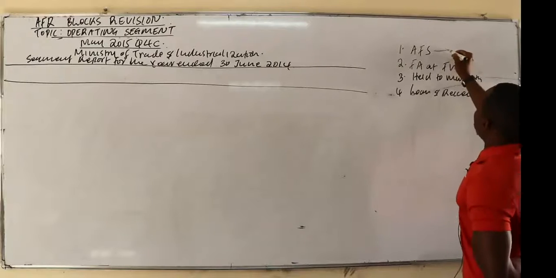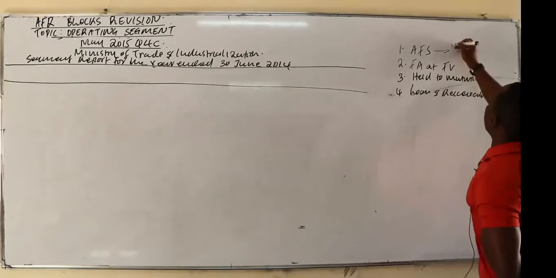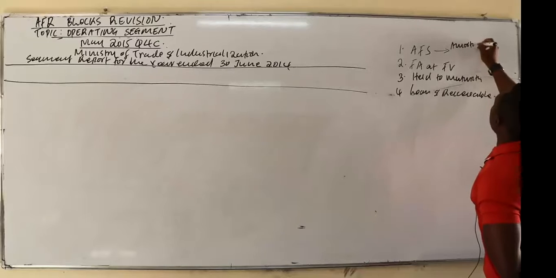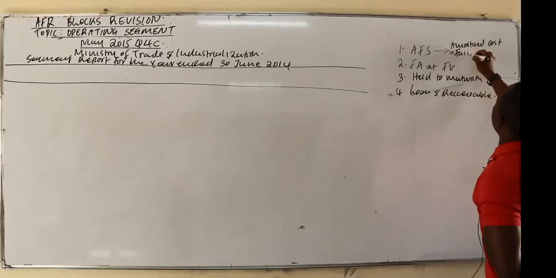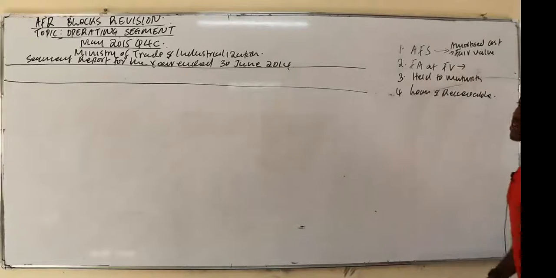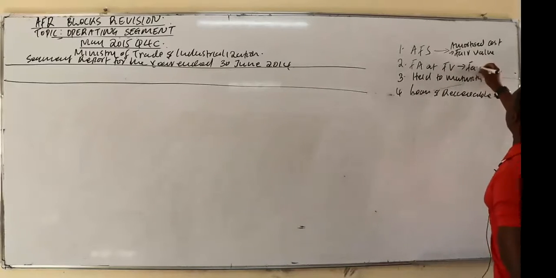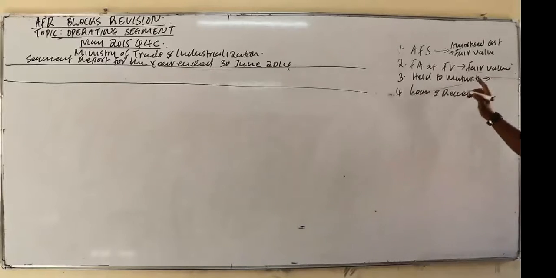And we say that available for sale is measured either at amortized cost or at their fair value. But we say that financial assets at fair value, which are short term, are always measured at fair value. Also held to maturity.